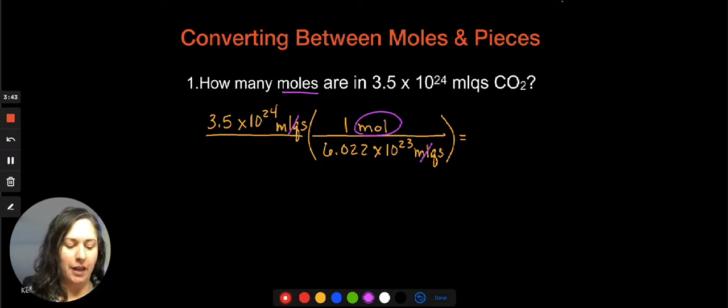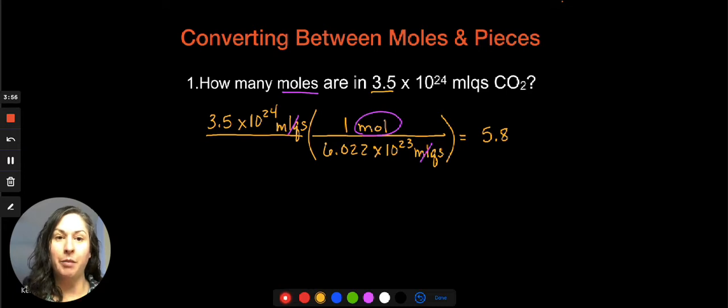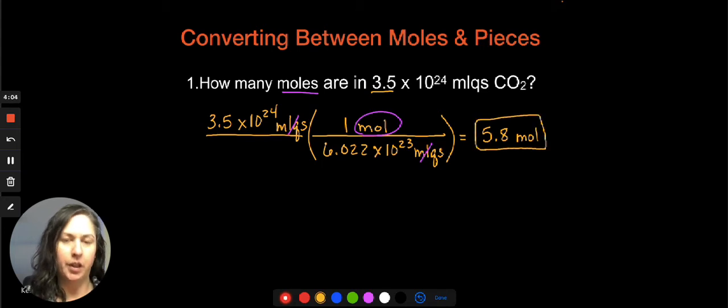That's how I do that in my TI calculator. I ended up getting 5.8. With proper sig figs, we have 2 significant digits in our original number. Avogadro's number doesn't apply to that because it's a constant or a standard. So 5.8 moles is my answer.